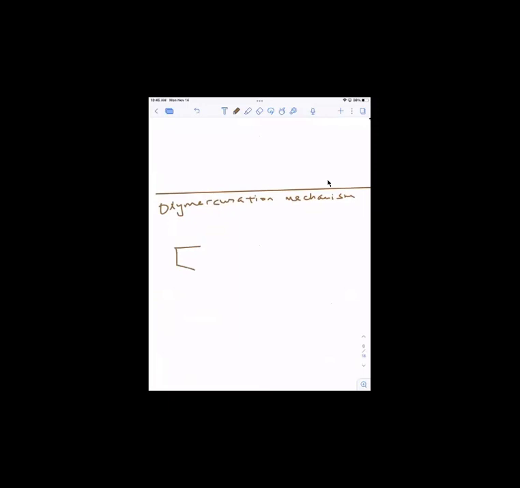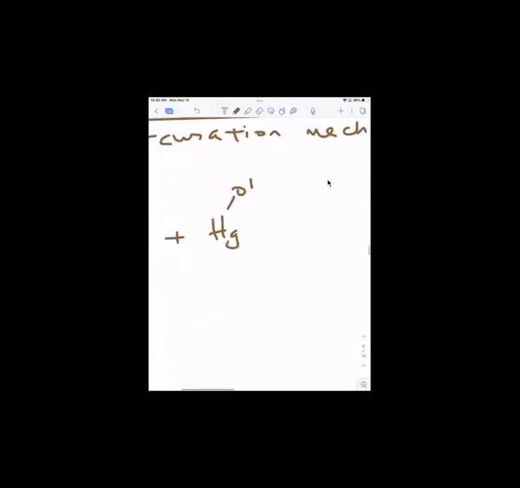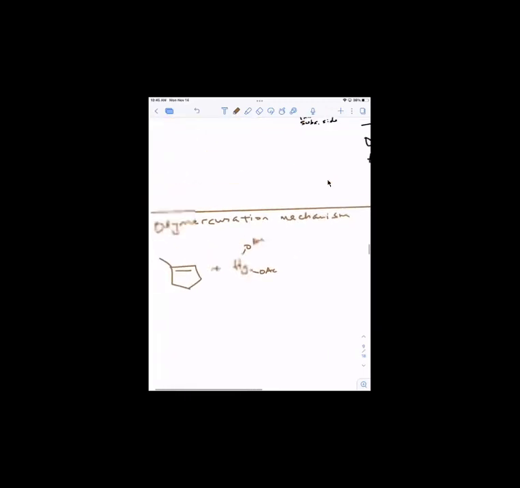We got 5 minutes left. So we're gonna start with that. Again, in all of these reactions, so you have mercury, and all of these reactions, the alkene is going to be the nucleophile. Right, so this is adding here, like so, right?